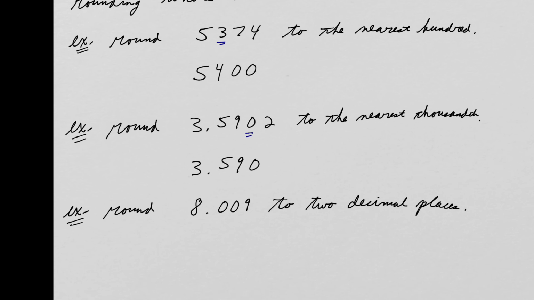If I want 2 decimal places. So I find the digit that's in the hundredths place, which is the 0 here. I look to the right, it's 5 or greater. 9 is greater than 5. So that 0 has to increment by 1, go up by 1. So that becomes a 1. And then everything else drops off. So this would be 8.01. That would be the number rounded to 2 decimal places.